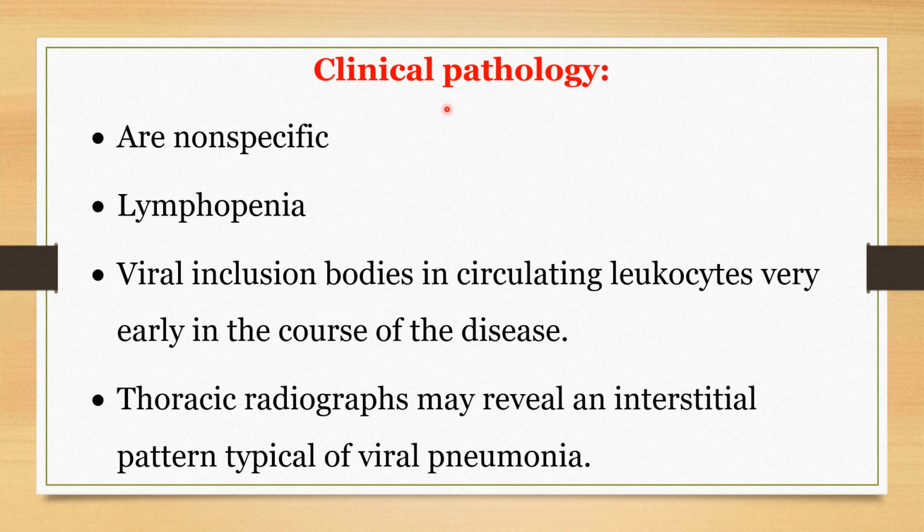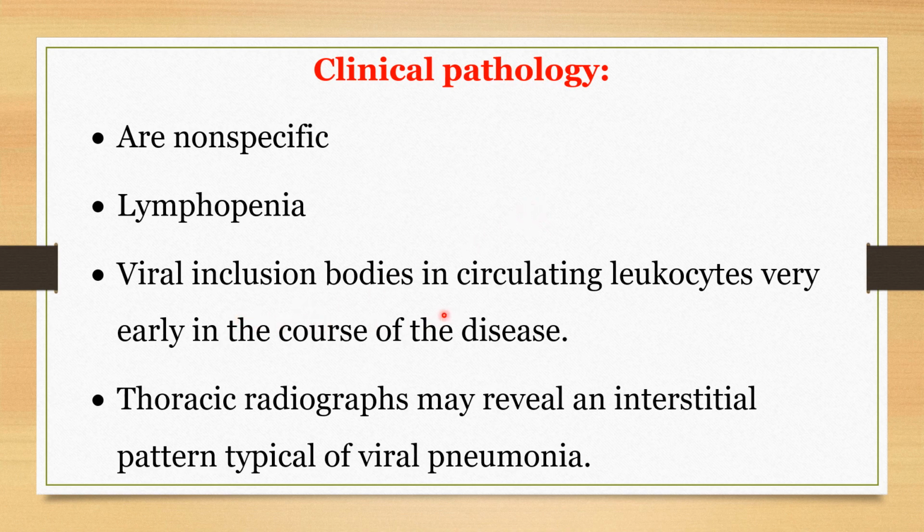In this presentation, we will see clinical pathology. The clinical pathology is a non-specific one. From this, diagnosis of canine distemper is difficult. Lymphopenia is the most common finding, but lymphopenia is also observed in many viral diseases.